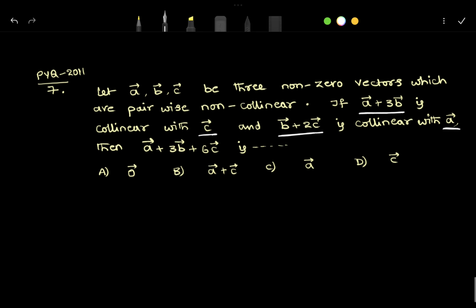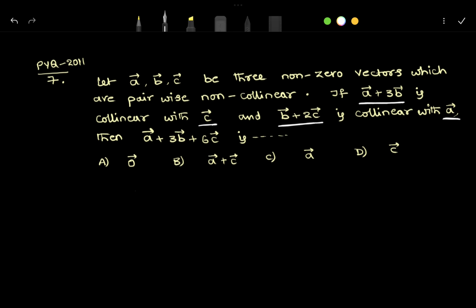So as usual in the above question we can write that A bar plus 3 into B bar is equals to lambda into C bar, this is the first one. And the second one is B bar plus 2 into C bar is equals to mu into A bar. Let this be 2.